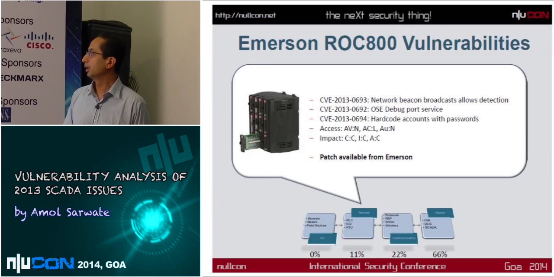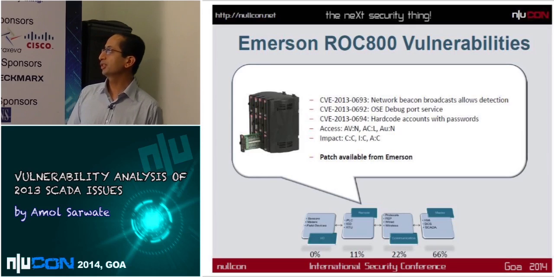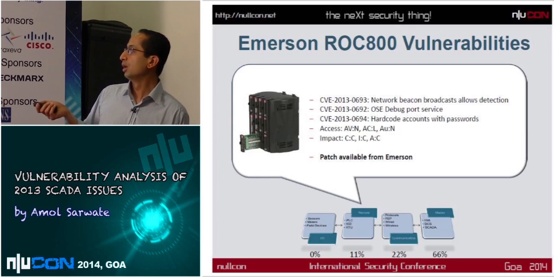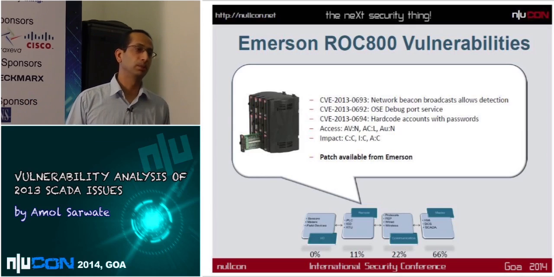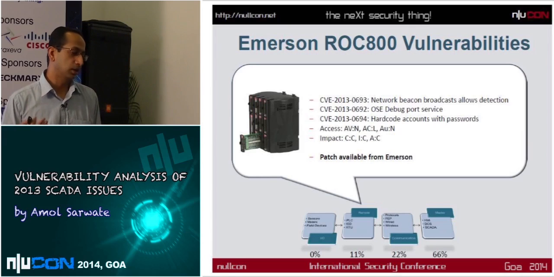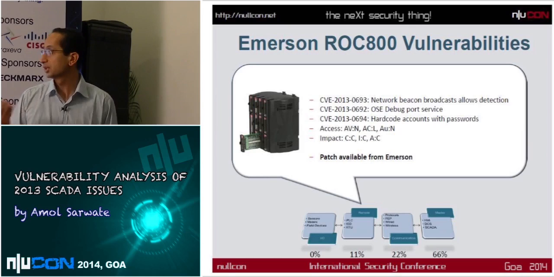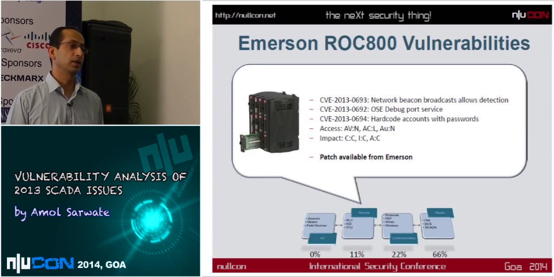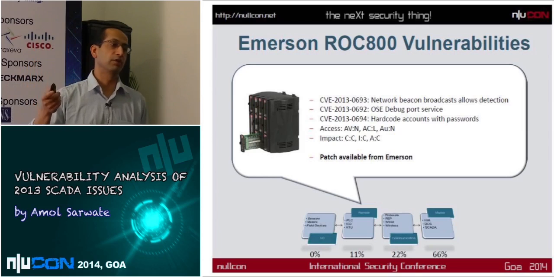For example, there was an Emerson RTU, which used to send network beacons. This is not that old of a device, but what it did was to tell where it is located. It used to periodically send a network beacon that I'm here, I'm here, I'm here, for anyone to find.